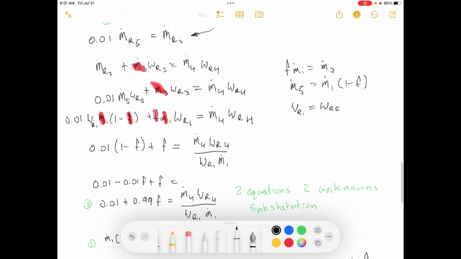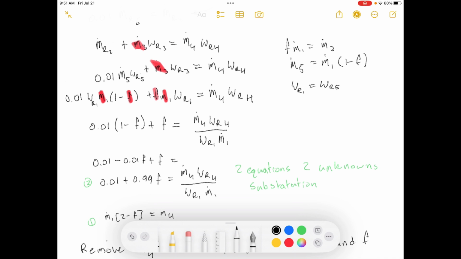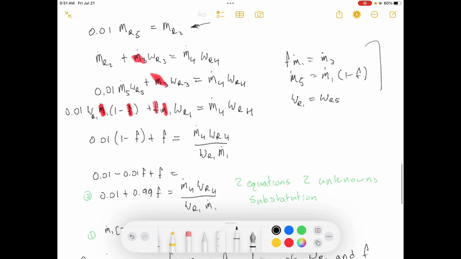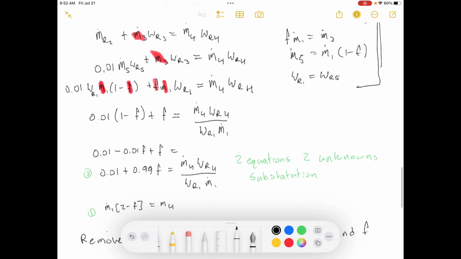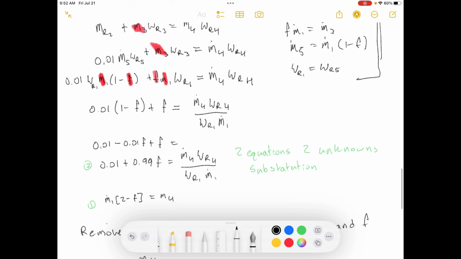Then we begin our route of substitution here. You guys should be pretty familiar. These are some of the key equations that we need to know for substitution.